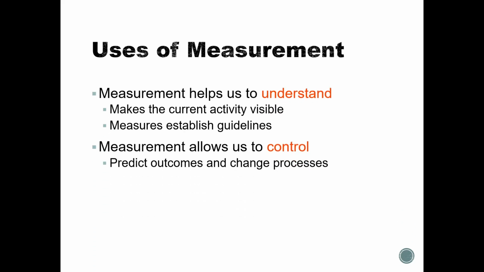So the uses of measurements: a measurement is something that's defined and produces a result which creates a trend, and it's comparable to previous results. We can understand what happened and why things happened when we measured the thing twice and something happened in between.